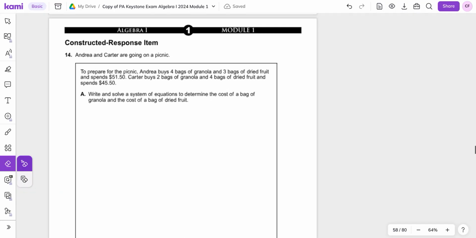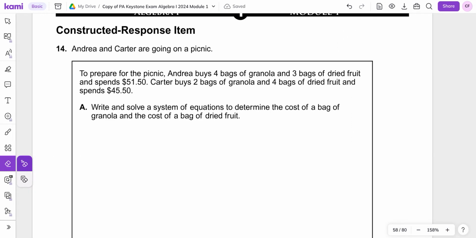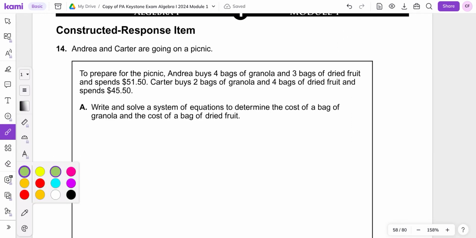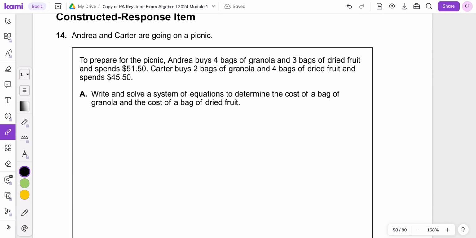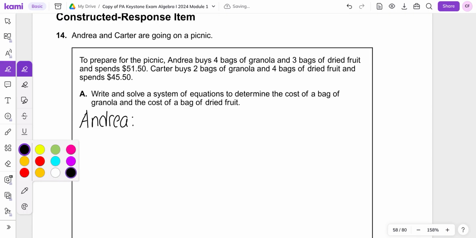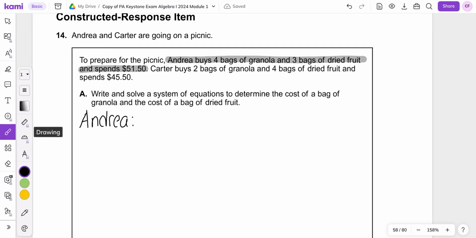So now let's set up our system of equations. Each equation is going to deal with a different person. So our first one is going to be Andrea. With Andrea here, the information listed above in our problem states that Andrea is buying 4 bags of granola, 3 bags of dried fruit, and spent $51.50.